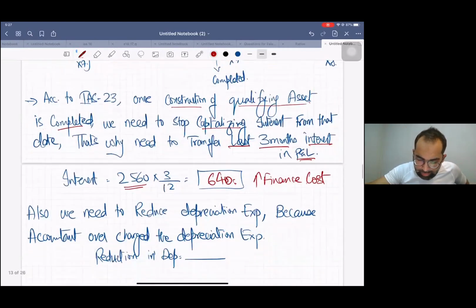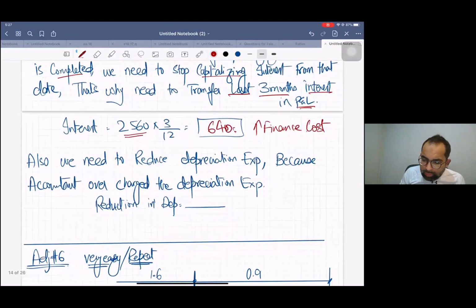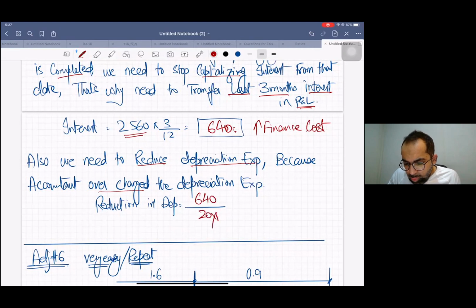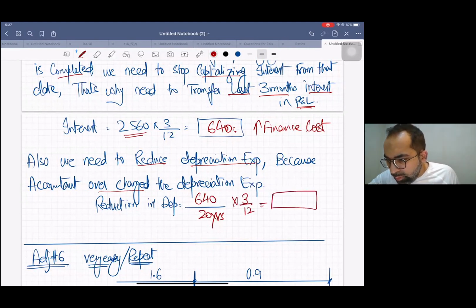So we need to reduce depreciation expense because the accountant overcharged the depreciation expense. How? 640 is the extra asset amount and the life is 20 years. So if you divide 640 by 20, you will get 1 year depreciation, but they have only booked 3 months extra.